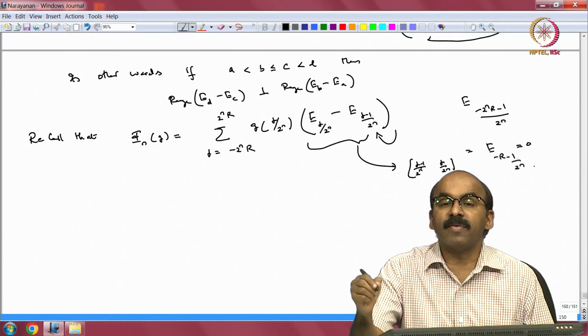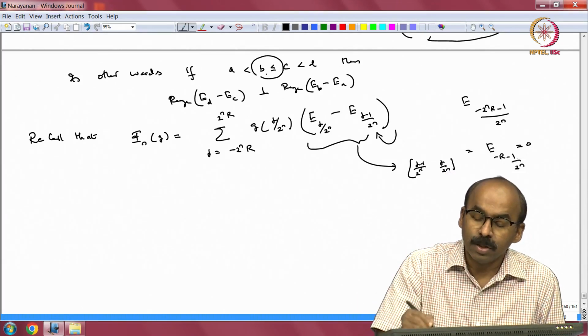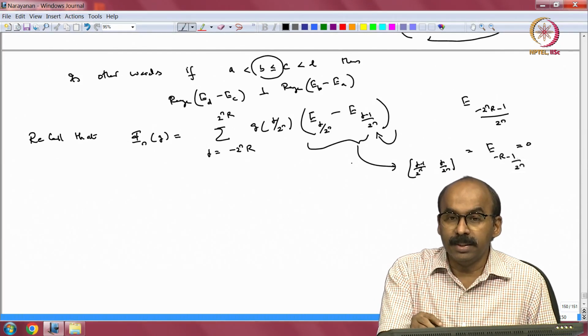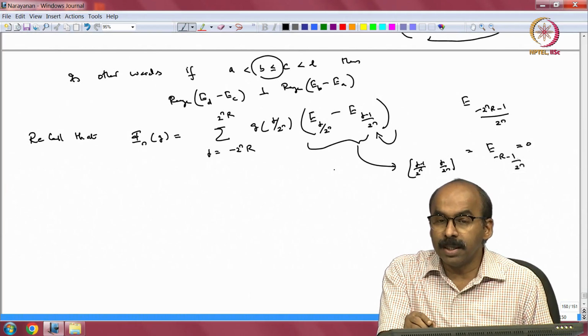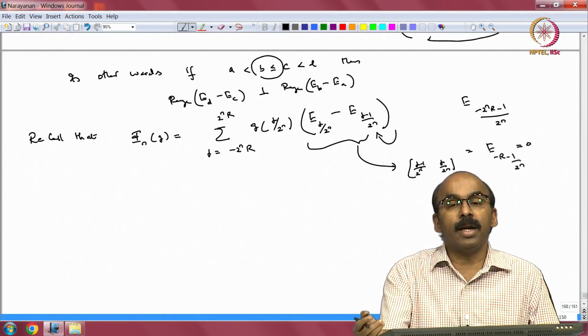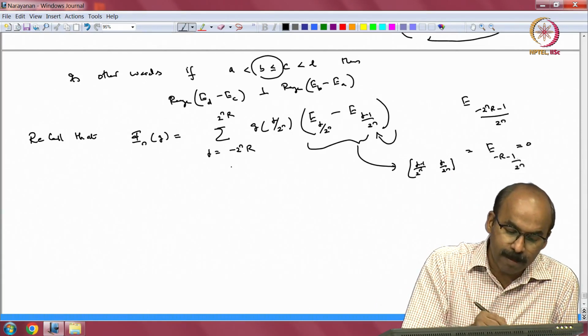These are disjoint intervals, the endpoints may coincide, but we have already taken care of that. So, the ranges of the projections which appear here, E_{j/2^n} − E_{(j−1)/2^n}, are orthogonal to each other.